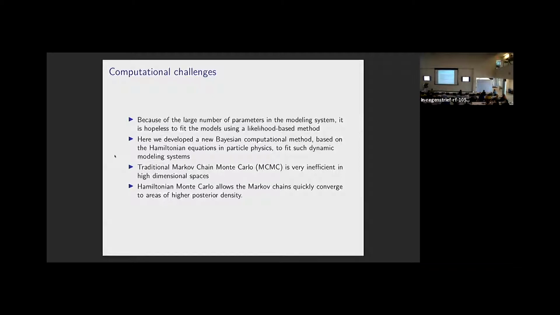If this is where the true parameter is, or the center of the parameter, where the probability mass is, and you start somewhere, and you just randomly walk around, which is what MCMC is doing, how long does it take for you to hit this point?